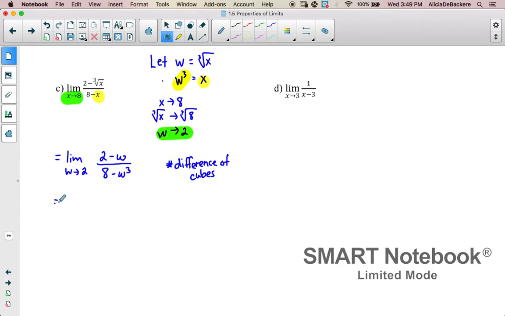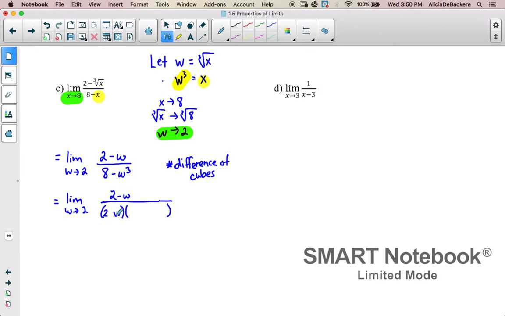So hopefully you remember that. If not, you want to Google it or grab your notes from advanced functions. When I take a difference of cubes, I'm going to end up with a short bracket and a long bracket. At the front of the first bracket, I take the cube root of the first thing, so the cube root of 8 is 2. And then at the back of the bracket, I take the cube root of the second thing. The cube root of w cubed is just w.